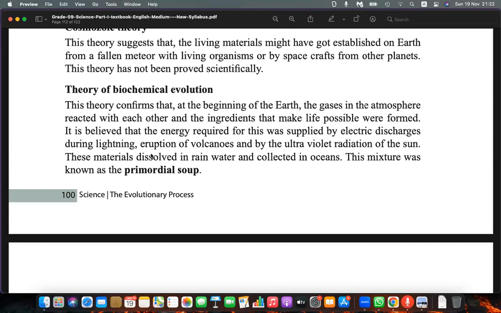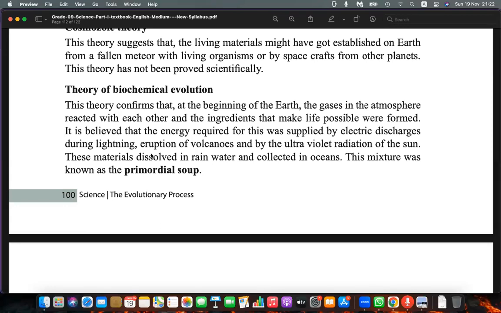Oxygen, water and such things formed first. The energy required for this was supplied by electric charges during lightning and the eruption of volcanoes, and also by UV radiation from the sun.